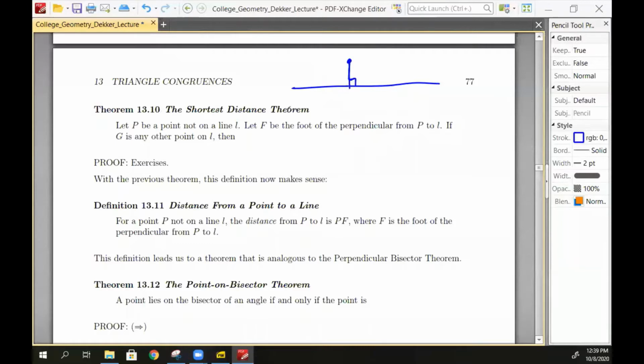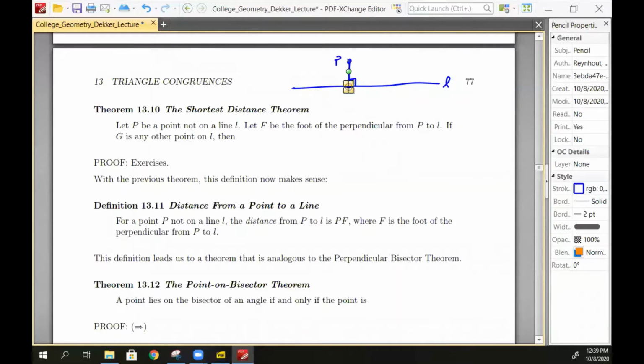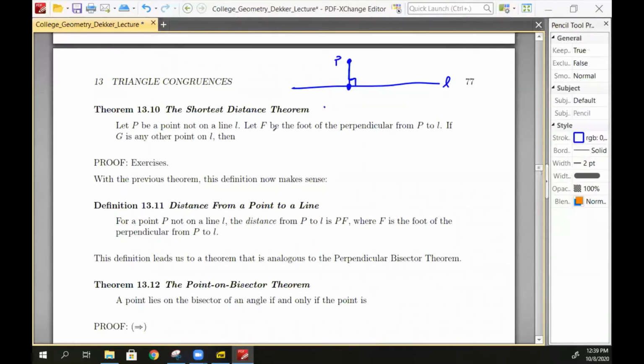And a little bit of language here to go along with it. Let P be a point not on a line L. If we let F be the foot, well, what is a foot? We're just saying that is the point where the perpendicular line through P intersects L. So let F be the foot of the perpendicular from P to L. If G is any other point on L, say over here, then we get a comparison of distances.